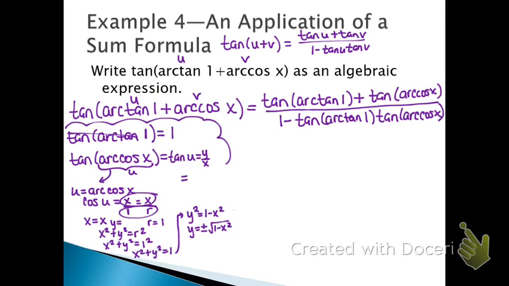What quadrants is arc cosine going to be in? Quadrants 1 and 2. So in quadrants 1 and 2, is my y positive or negative? Positive. So our y is going to be the positive square root of 1 minus x squared.